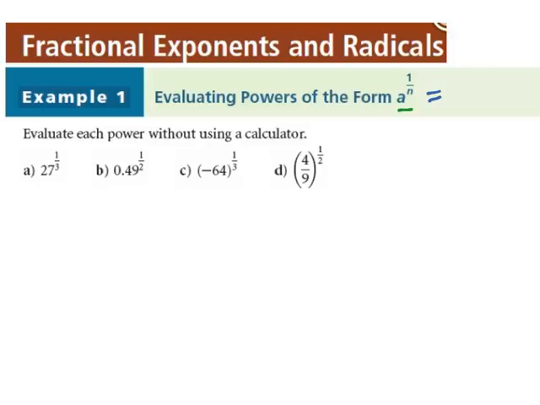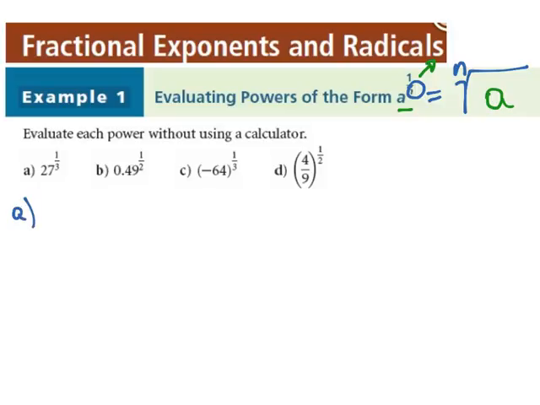The A is considered a base. And when we have a fractional exponent, the n will identify with the index of the radical. So the n becomes the index, and A becomes the radicand.